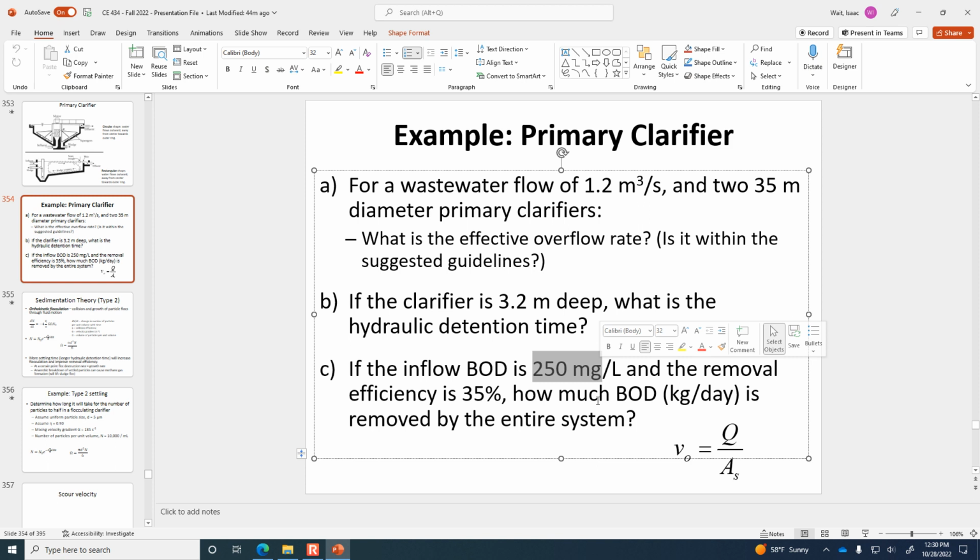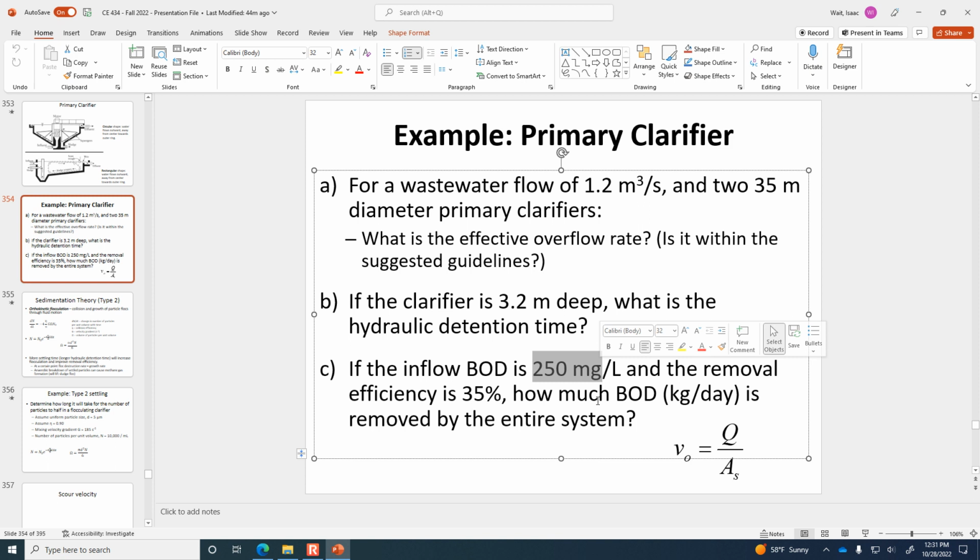We've got how many cubic meters per day from the entire system. That's not just one of the clarifiers. So we had found that the Q total was 103,680 cubic meters per day.